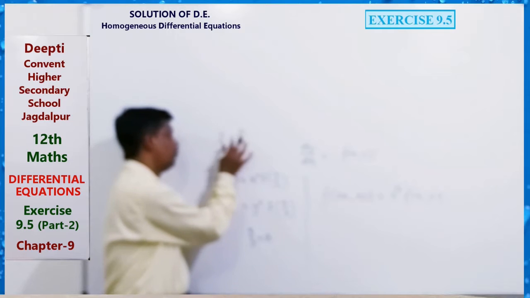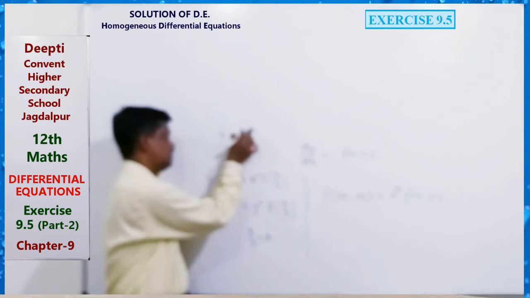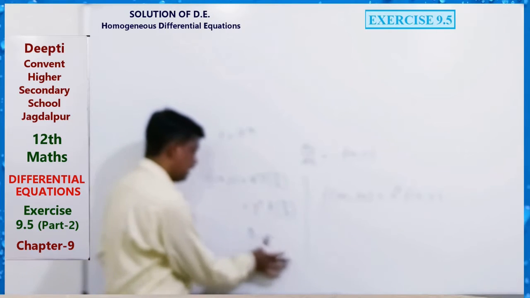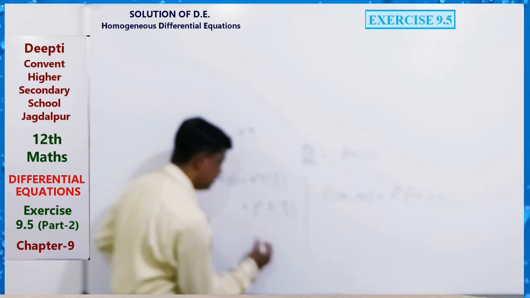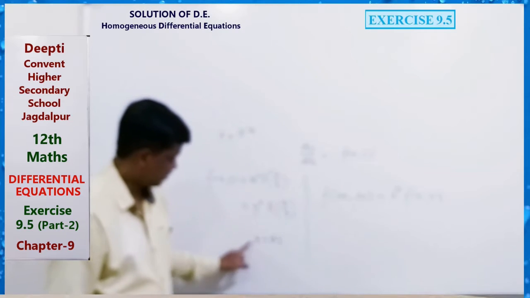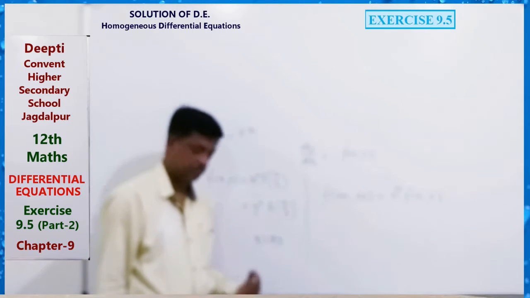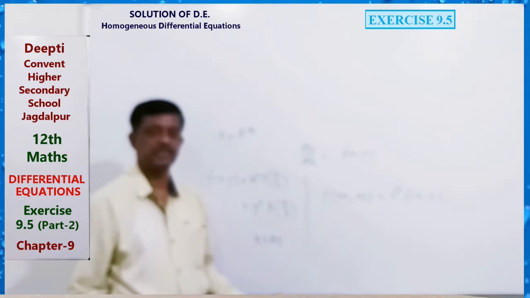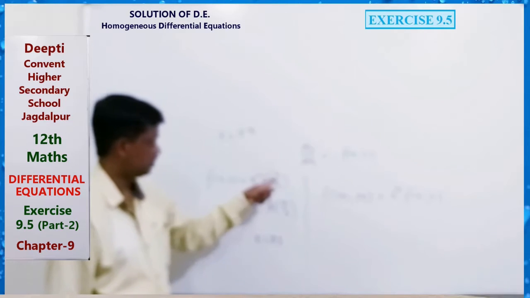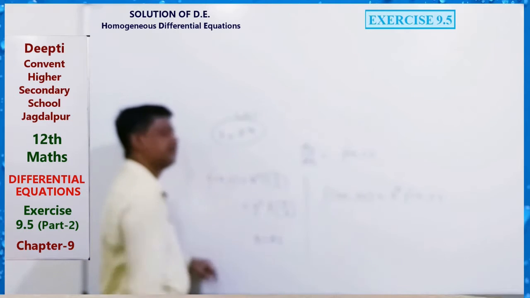Here, y equals vx, where v is a function of x. Here also we write x equals vy, where v is a function of y. Generally we use y equals vx, where v is a function of x.